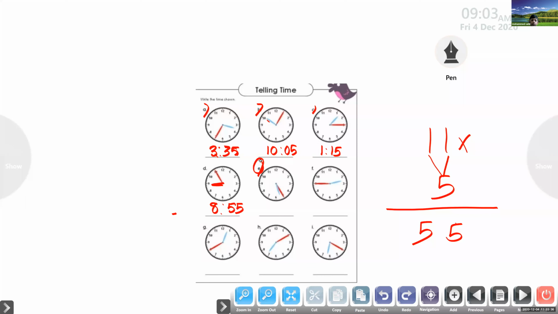Sahil, how many hours? No, dear. I'm asking, the position of our hand is between 5 and 6. So how many hours do we have to take, 5 or 6? 5 hours, because only 5 hours have passed. 6 hours is only coming.